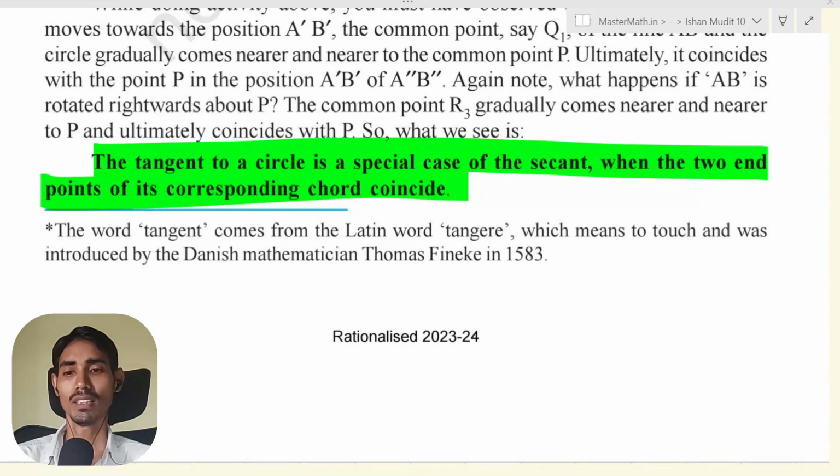No. So tangent, am I audible? Is my voice clear? Okay. So tangent to a circle is a special case of secant. Whenever we have a special case of something, it's like a rectangle is a special case of a parallelogram. Can you relate now? A square is a special case of a rectangle or a parallelogram.